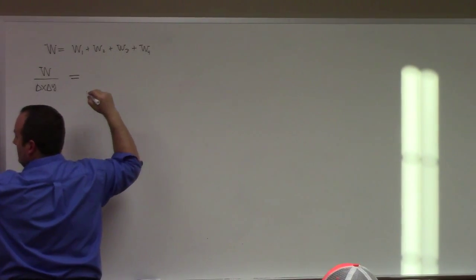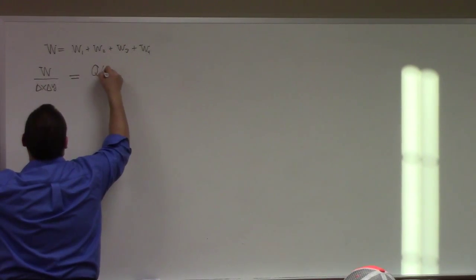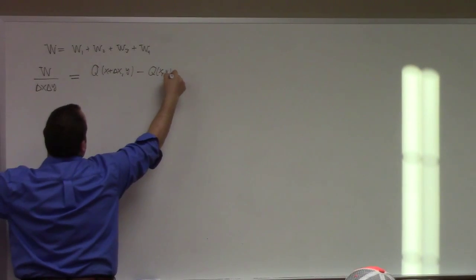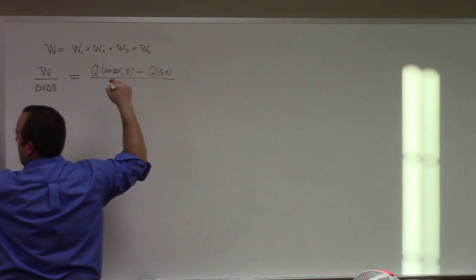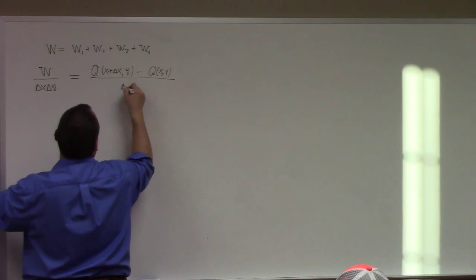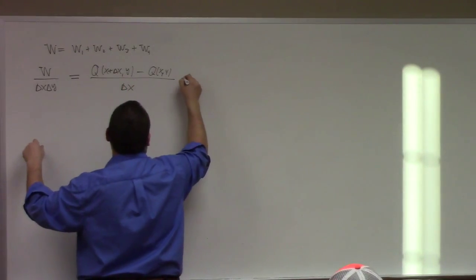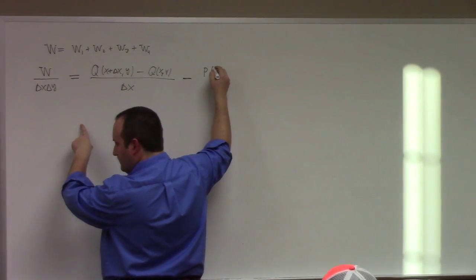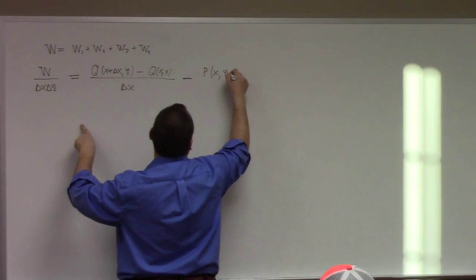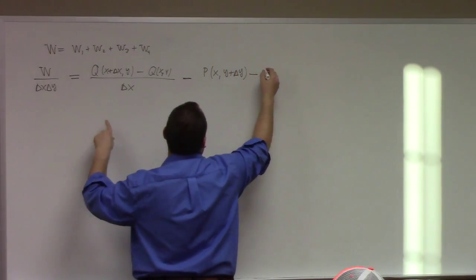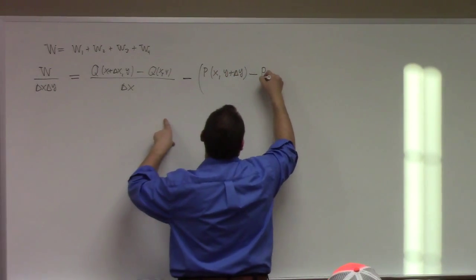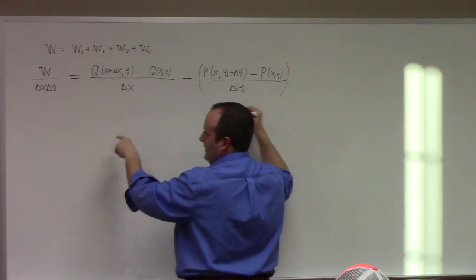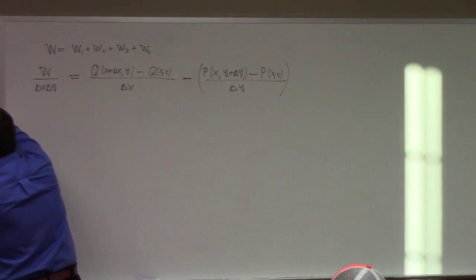We get Q of x plus delta x comma y minus Q of xy, and the delta y's cancel, you're left with delta x, minus P of x comma y plus delta y minus, big parentheses here, P of xy divided by delta y, because the delta x's next to the P terms cancel when we divide by the area.